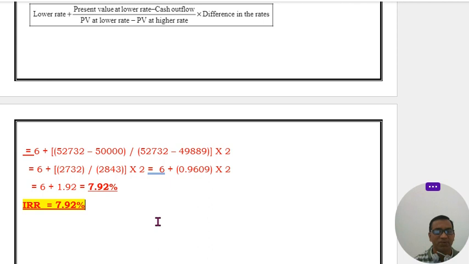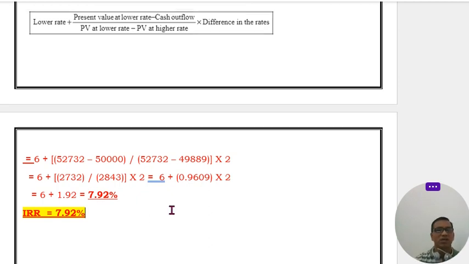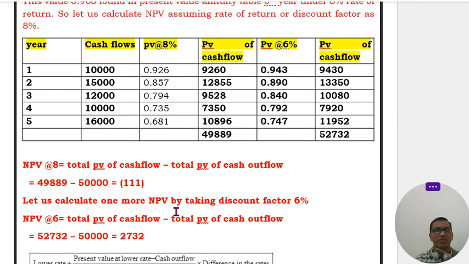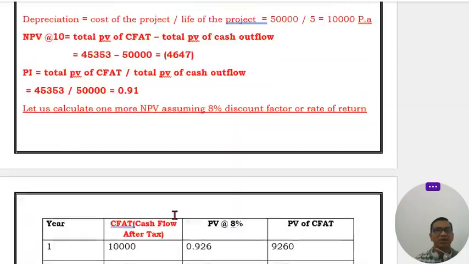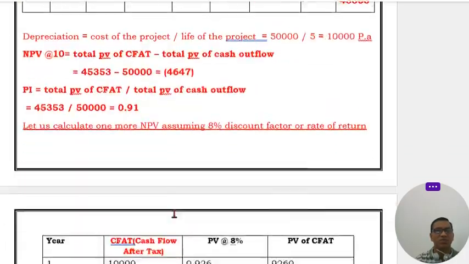IRR, two models I explained: IRR calculation along with NPV, and direct IRR calculation using fake payback period and present value annuity tables. So this is video part 3 explaining the discounted cash flow methods.